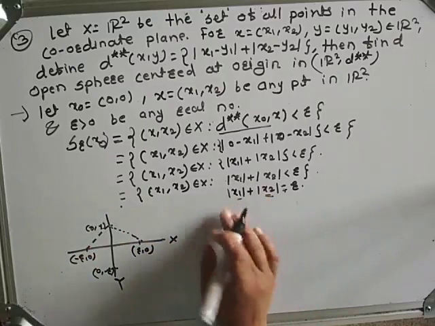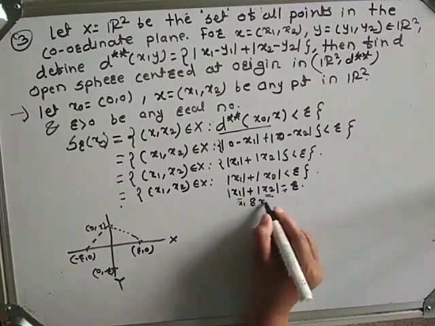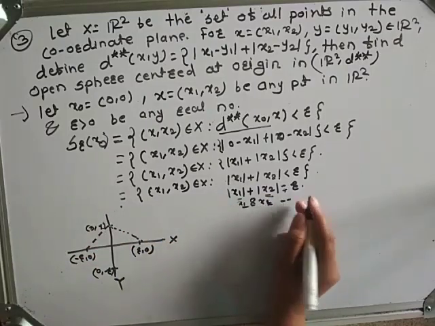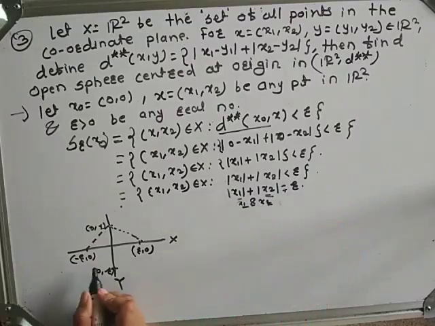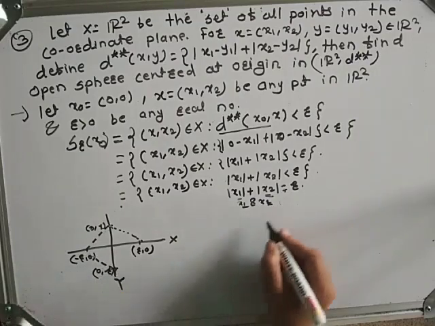When x1 and x2 are both negative, then it is a straight line passing through the points minus r, 0 and 0, minus r.